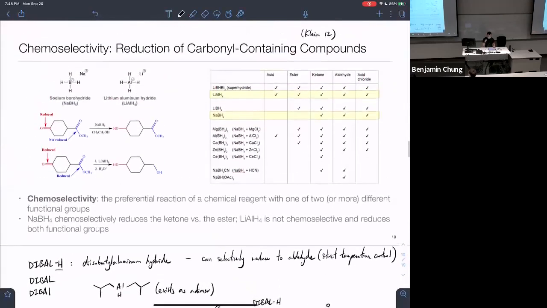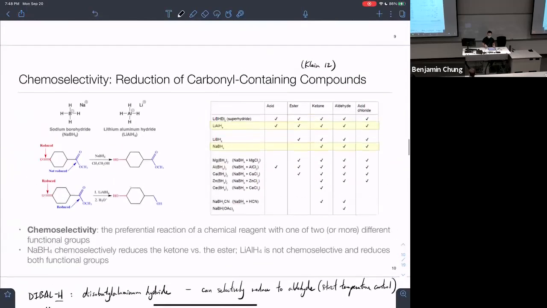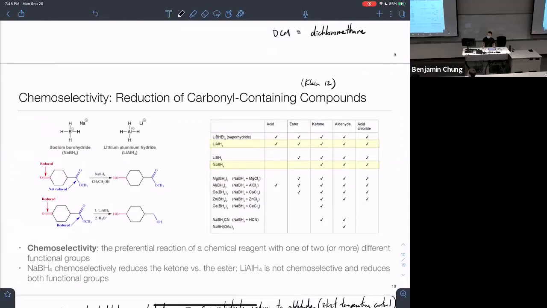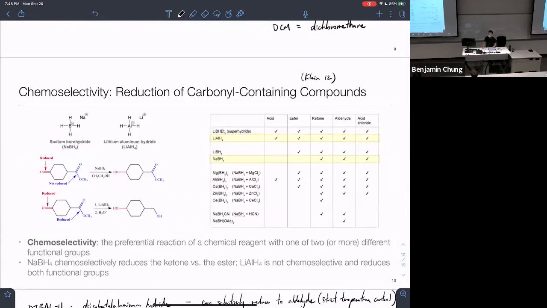Any questions on oxidations, reductions of alcohols? Yeah. When you use Dibal at a higher temperature, it just directly reduces all the way to the alcohol. Yeah. And then also, that's a relative term, right? So like NaBH4, if you have a molecule with a ketone and aldehyde, it's relative to the molecule you're talking about.